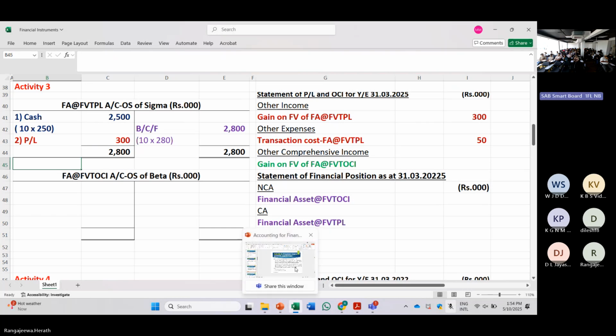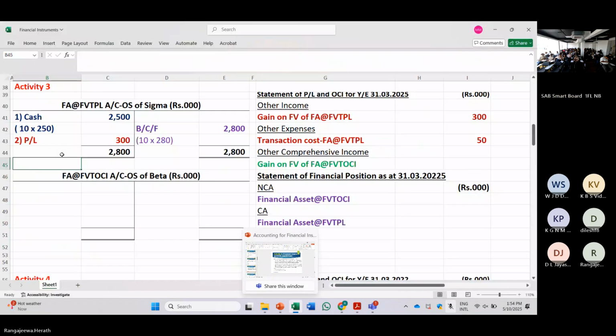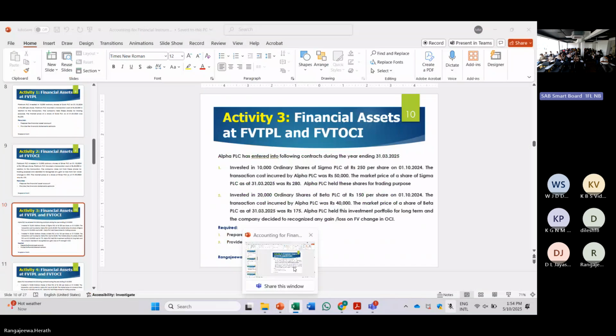Then the second investment, 20,000 shares at 150 and market price end of the year 175. Transaction cost 40,000. Alpha held this investment portfolio for long term and elected to recognize gain or loss on fair value change in OCI.